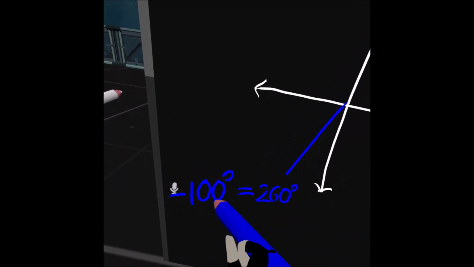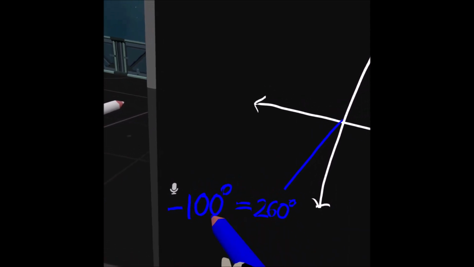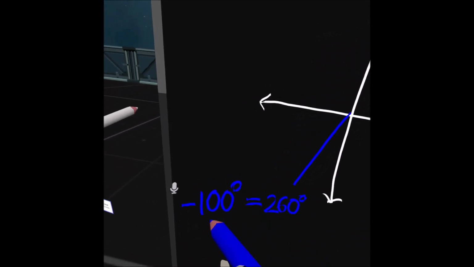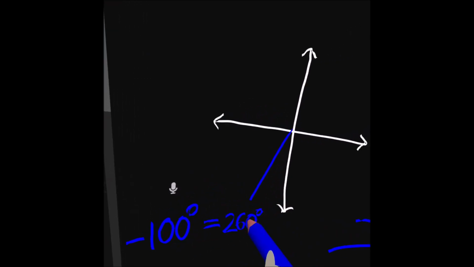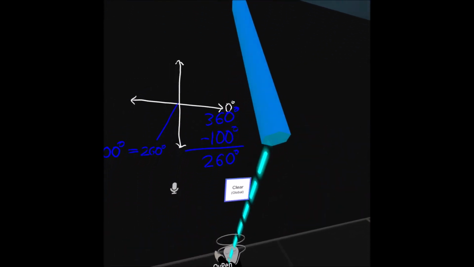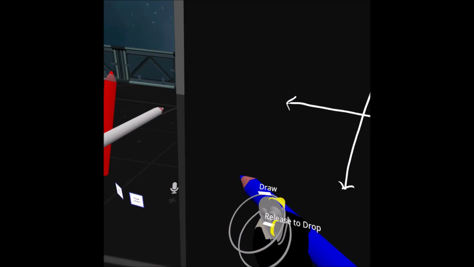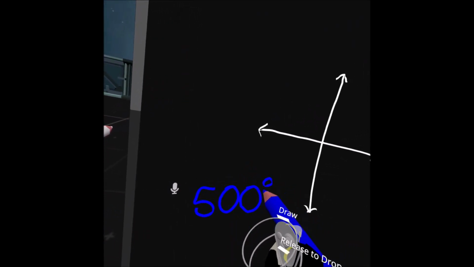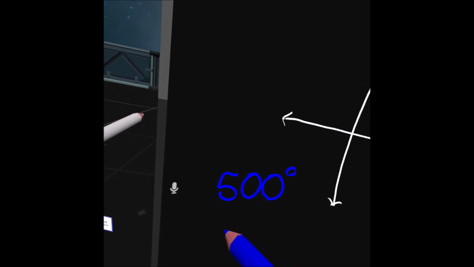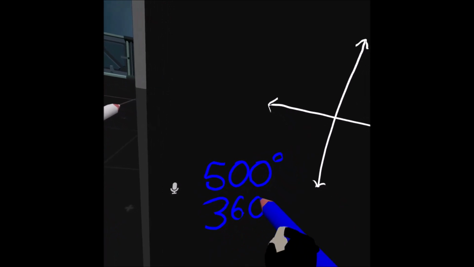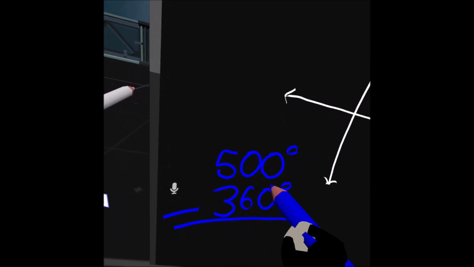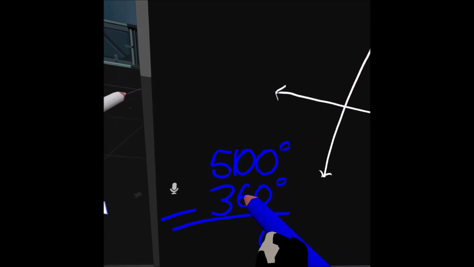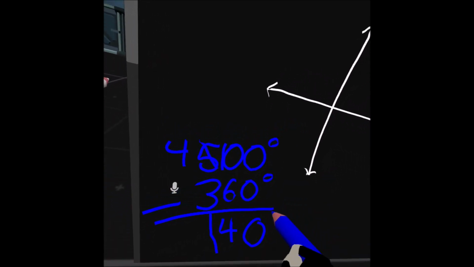If we want to compare these two angles, we say they are coterminal to each other. So negative 100 degrees and 260 degrees are coterminal. Okay. Another example is, let's say, 500 degrees. What is the reference angle to 500 degrees? So now we subtract 360, and we will get 140 degrees.